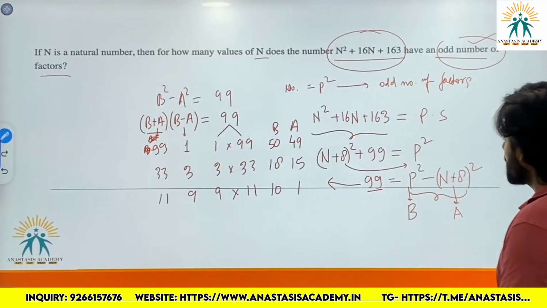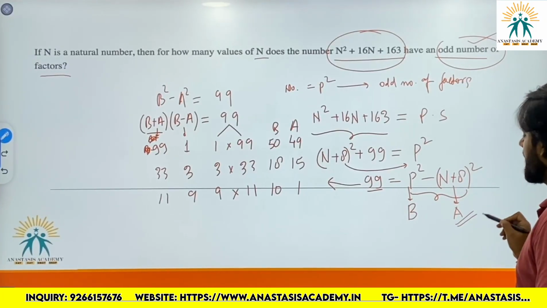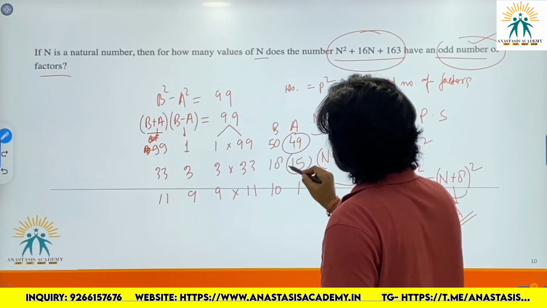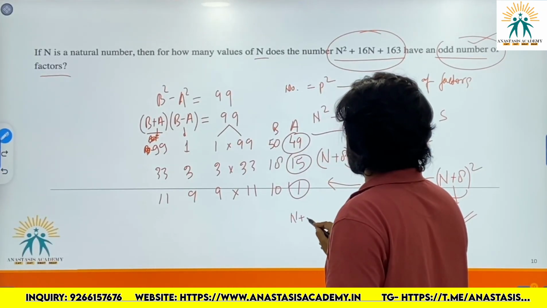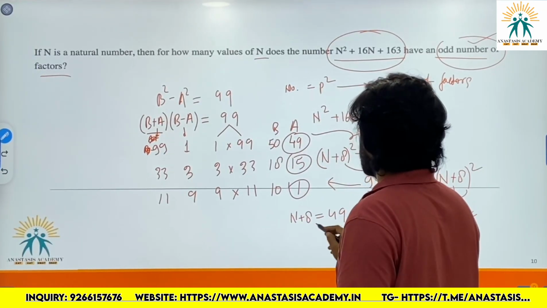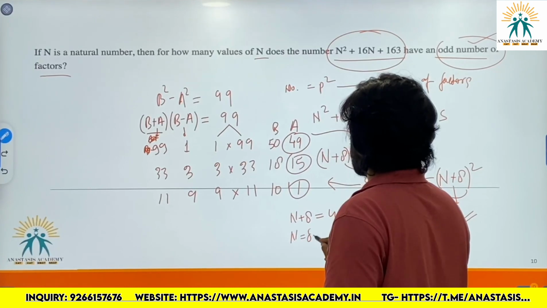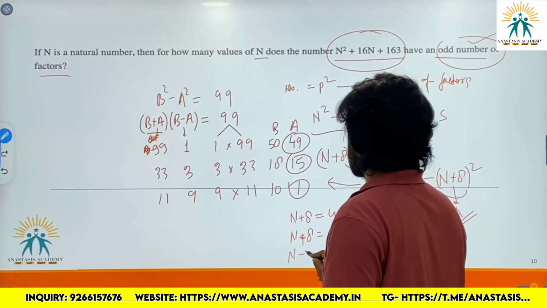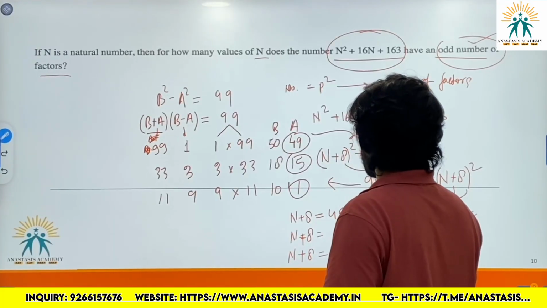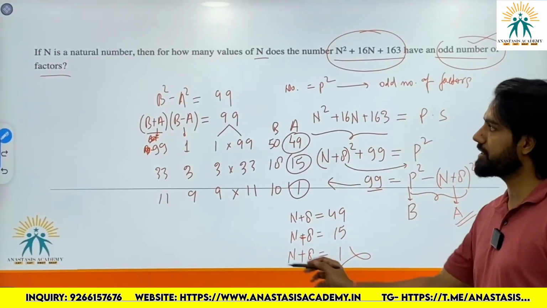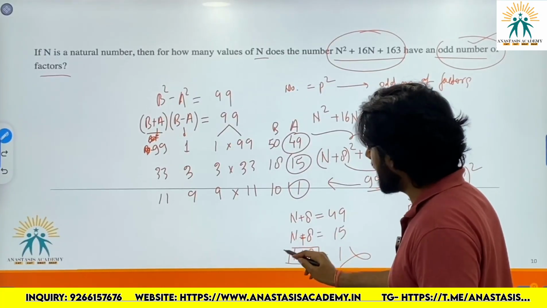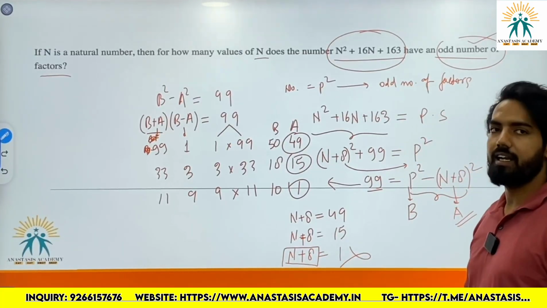Now I have assumed n plus 8 as a. So I am getting three values of a: n plus 8 is equal to 49, or n plus 8 is equal to 15, or n plus 8 is equal to 1, which is not possible because n is a natural number and the sum of a natural number and 8 would always be greater than 8.